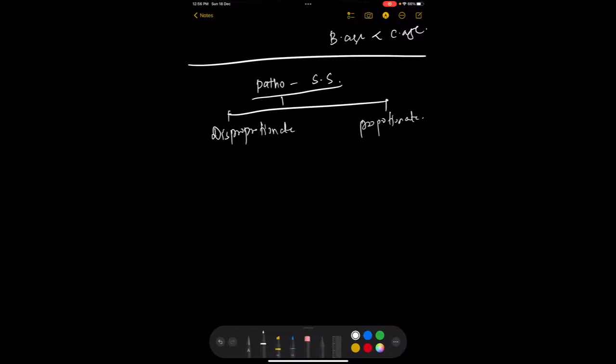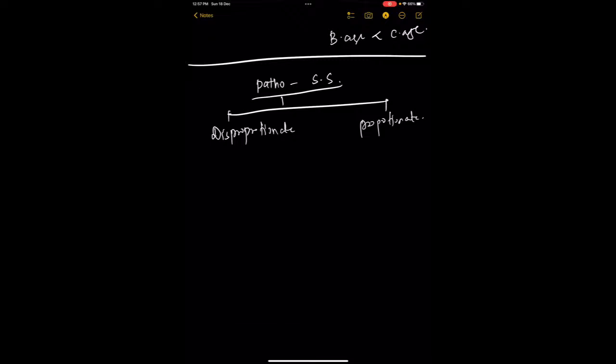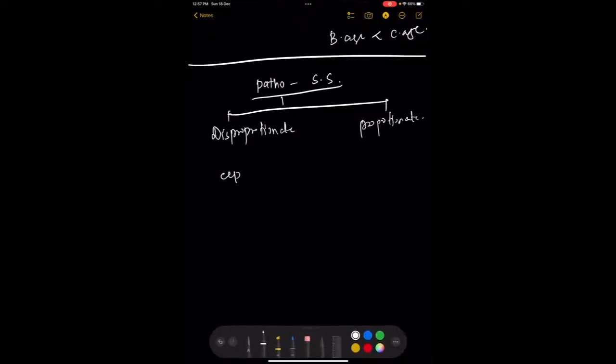In disproportionate short stature, the upper segment is more and the lower segment is low. A simple logic is cephalocaudal. At birth the head size is larger, but when we mature, the head size becomes similar to that of the lower limb and upper limb.